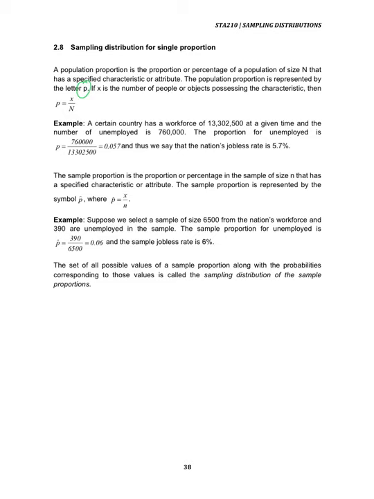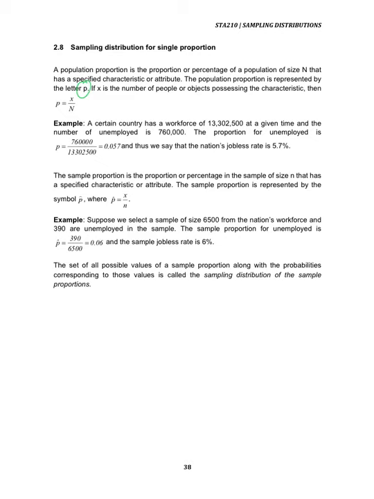That is our capital N. Then let's say we take a portion from that population, 5,000. We call that the population proportion P. So P equals 5,000 over 10,000.